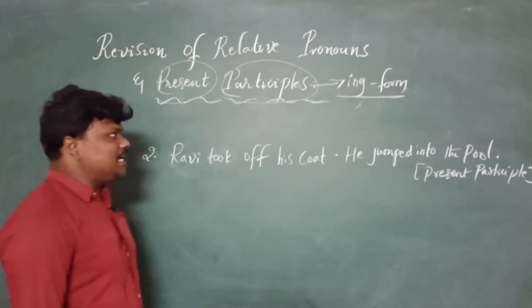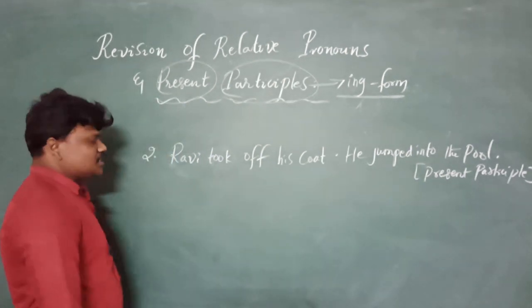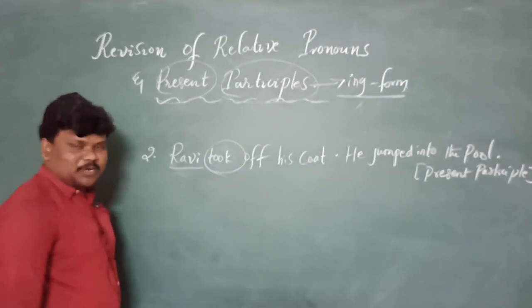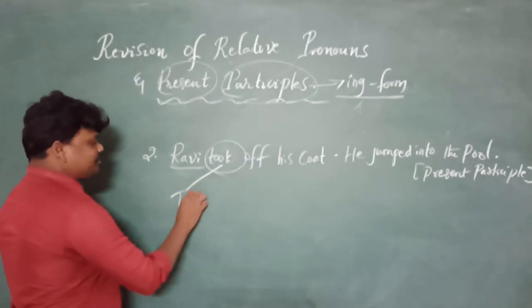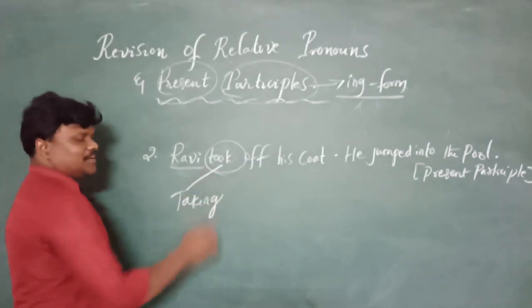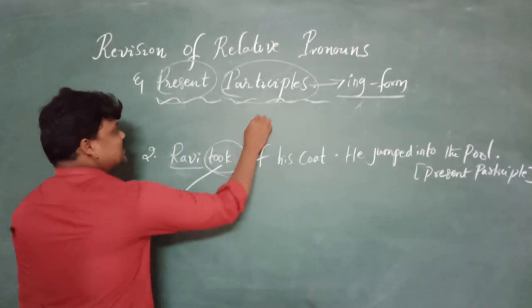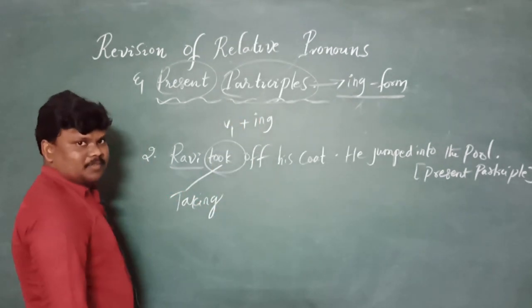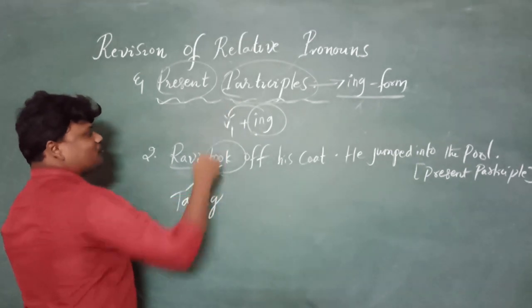As you all know, what is the subject, what is the verb? Change the verb into ing form, which is called taking. Don't write 'tooking'. Ing is always added to V1.